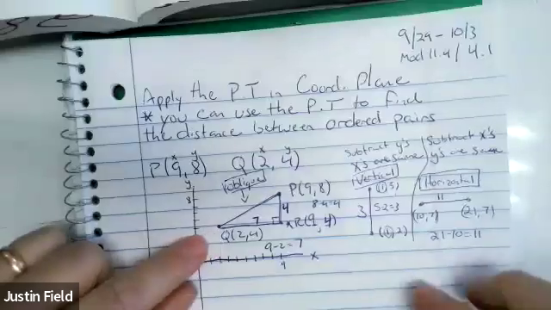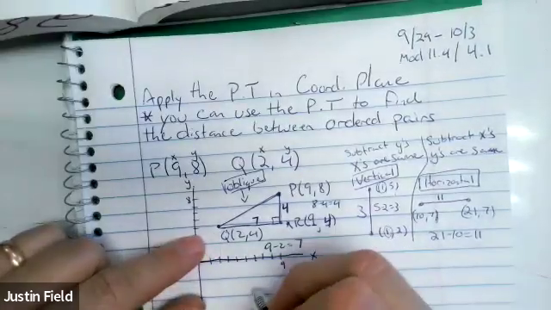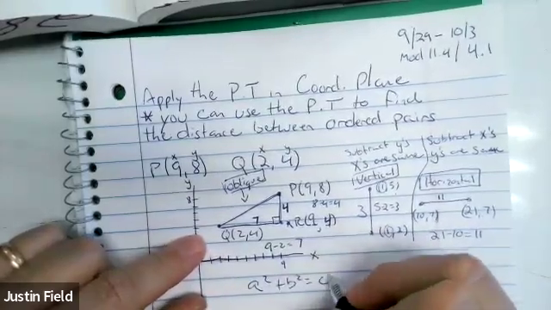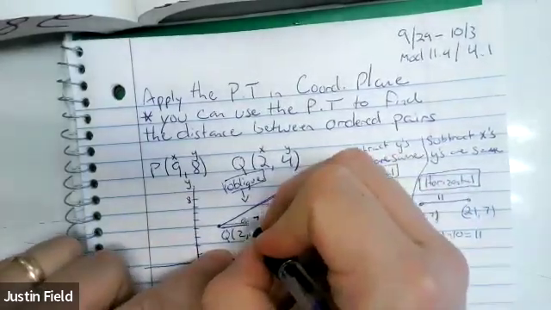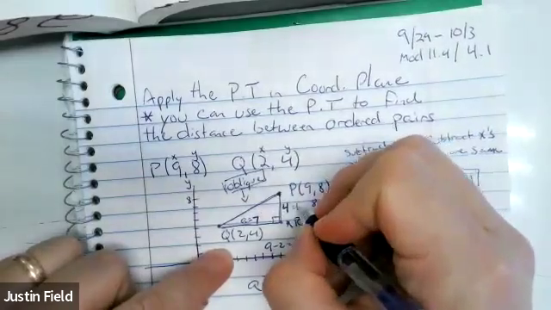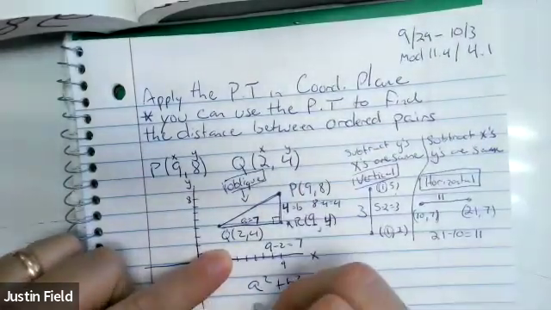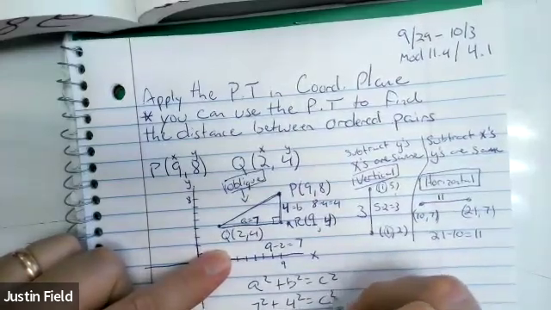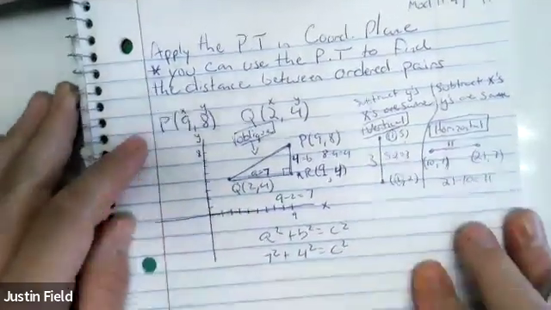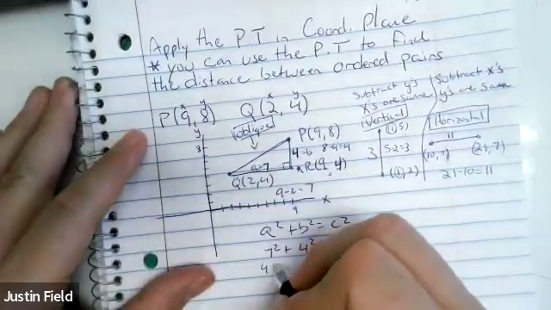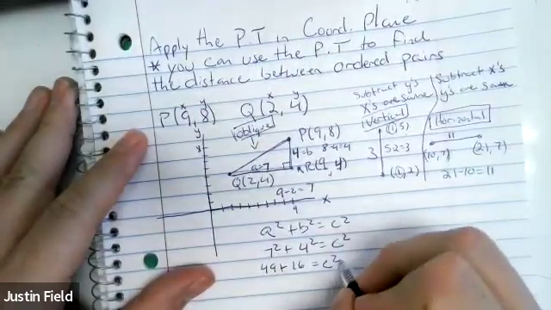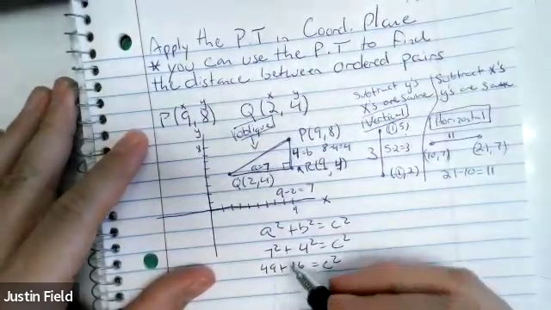And then we need to use the Pythagorean theorem. A squared plus b squared equals c squared. We know our a is 7, our b is 4. So 7 squared plus 4 squared equals c squared. 49 plus 16, and that would be 65.